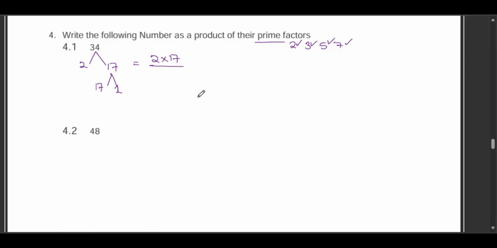Let's look at 48. What prime factors affect 48? We have 2. 48 divided by 2, you end up having 24. Still by 2, you remain with 12. By 2 again, we have 6. By 2, we have a 3. So, because this is where it ends, how many times do you see 2?